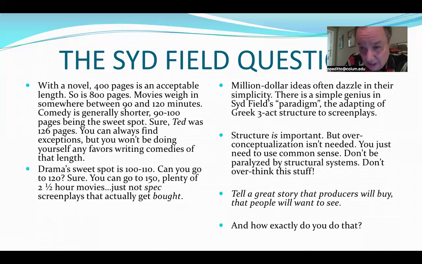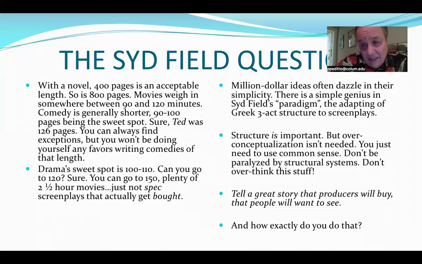Comedy is usually shorter. You don't see a lot of 3-hour comedies getting made. So comedy is generally in the 90 to 100 page range. And then drama is somewhere between 90 and 120 because it's a page a minute. So 120 is presumably 2 hours of time.